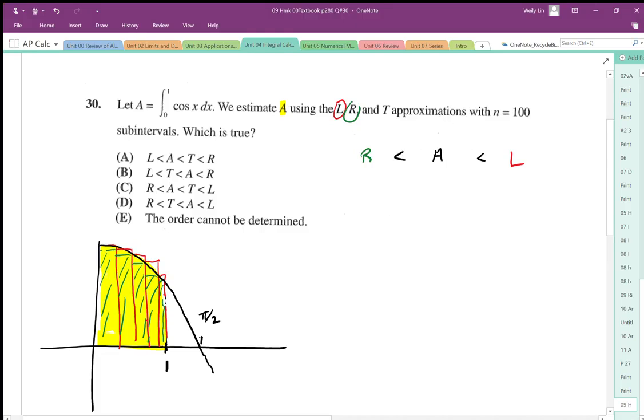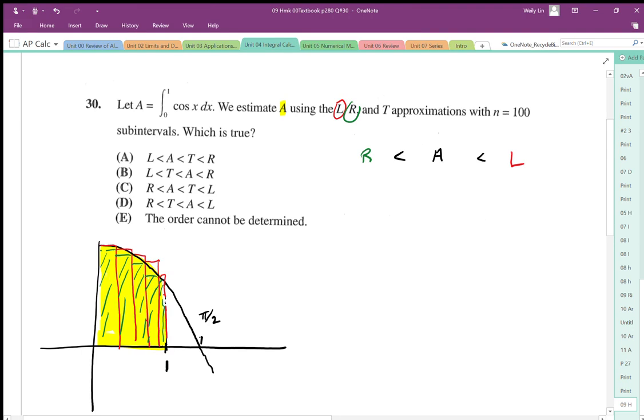So lastly, we need to compare where the trapezoid areas are. Now, right Riemann sums and left Riemann sums are dependent on the decreasing nature of this function, whether it's above or below. The trapezoids are different. The trapezoids are going to depend on the concavity.